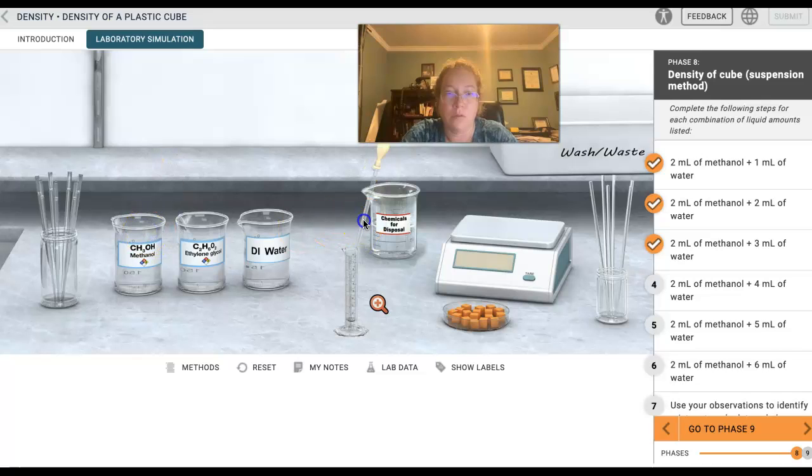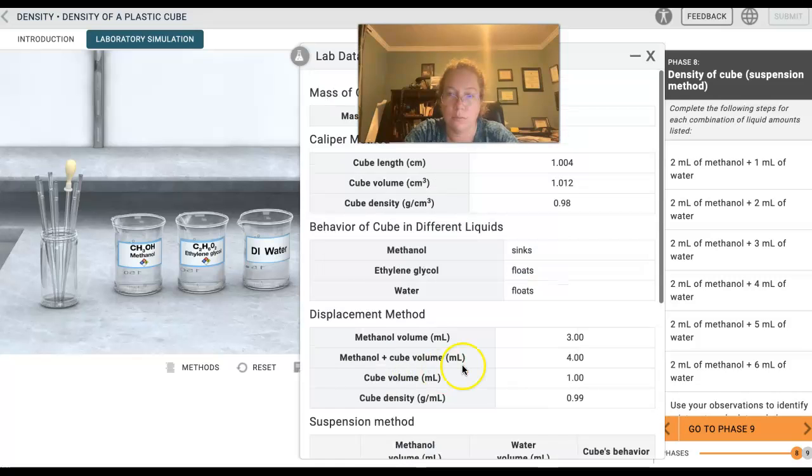2 of methanol, 4 of water. Stir. And it sinks again.